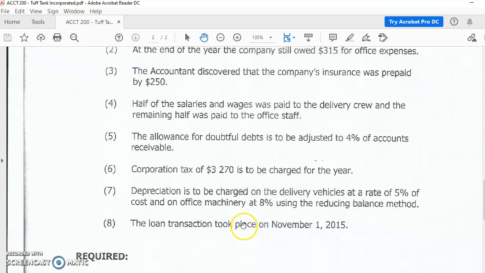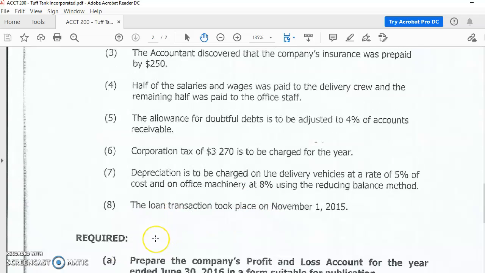And we also have depreciation is to be charged on the delivery vehicles at a rate of 5% of the cost, and on office machinery at 8% using the reducing balance. So we're using two depreciation methods here: for the delivery vehicles, that's the straight line method, and for the office machinery, that's the reducing balance method.